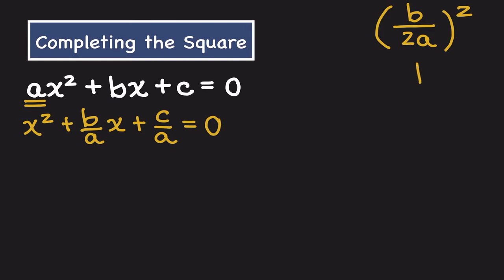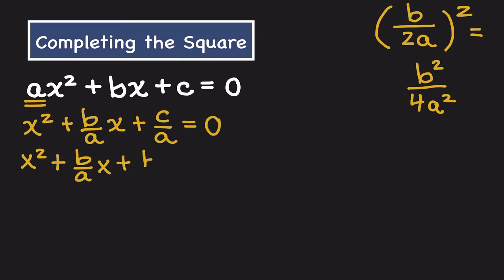So this will be b squared over 4a squared. So that's what we want to add to both sides of the equation now in order to create a perfect square on the left. So we're going to have an x squared plus b over a x plus b squared over 4a squared.